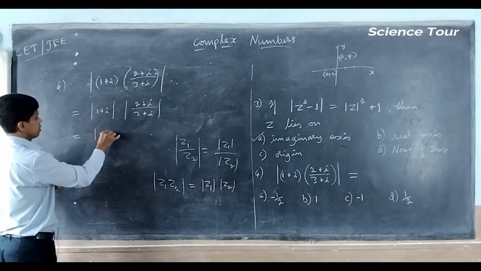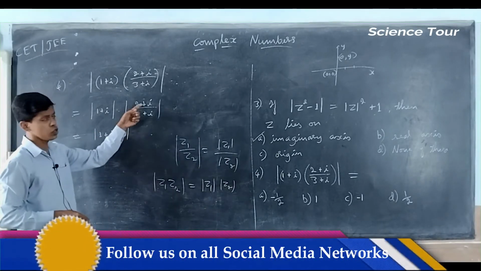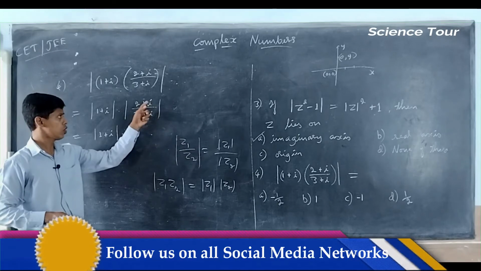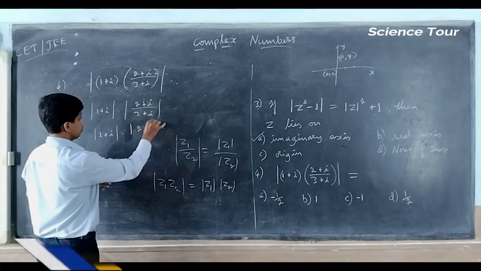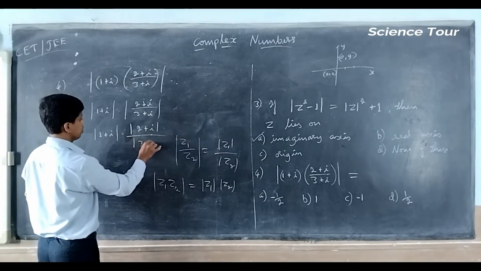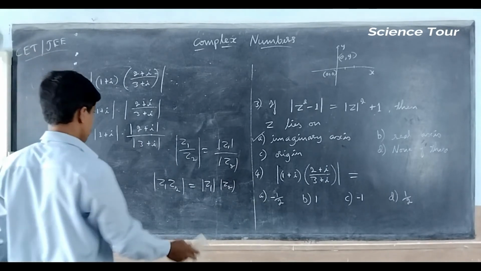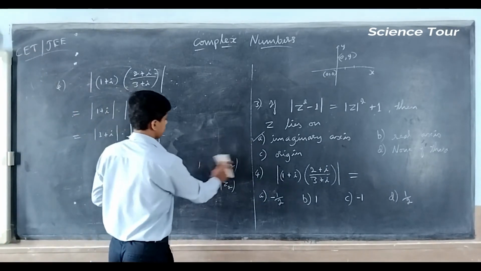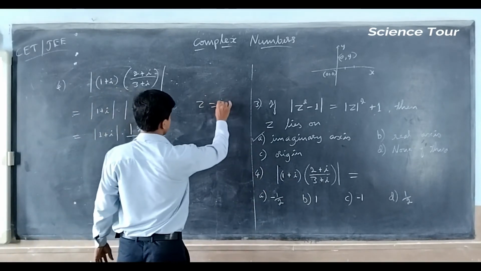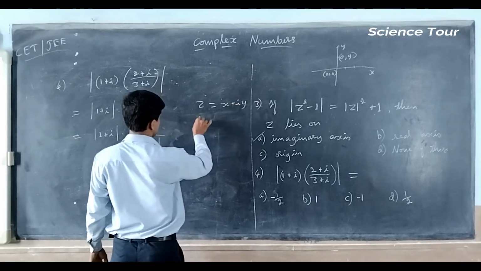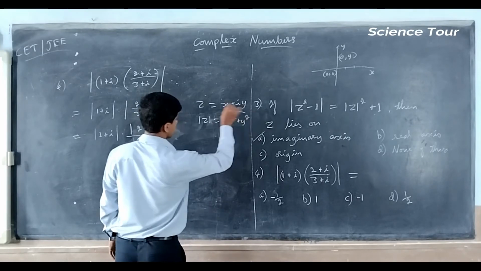Now this, let me keep it as it is, and here use this formula. So you have got Z1 by Z2. So how do you write it? Mod 2 plus i divided by mod 3 plus i. Now it's only the modulus formula that you have to employ here. So let's use that formula. What is the modulus? Square root of x square plus y square.